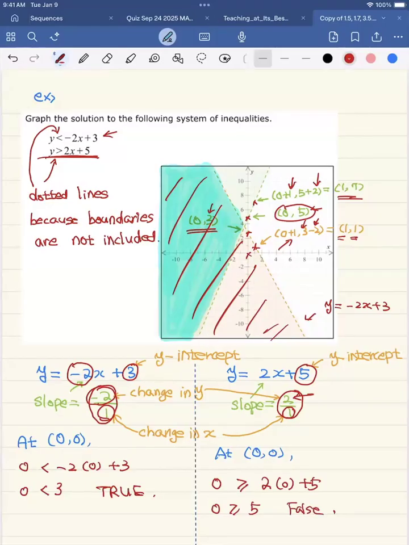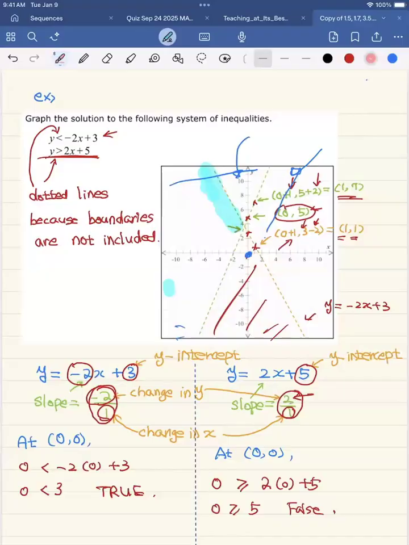So in the solution set, (0, 0) will not be included. So in this case, it will be either this side or this side. (0, 0) is on this side, so this side will not be included. So we have to shade this part. The overlapping part will be this part. So this is the solution set.